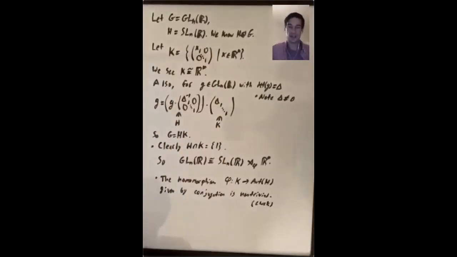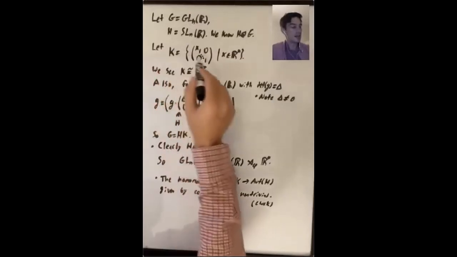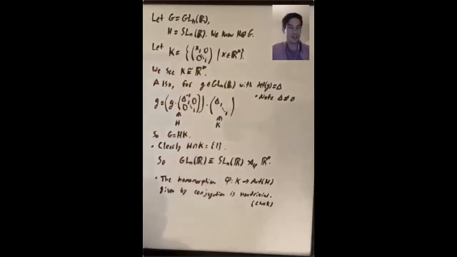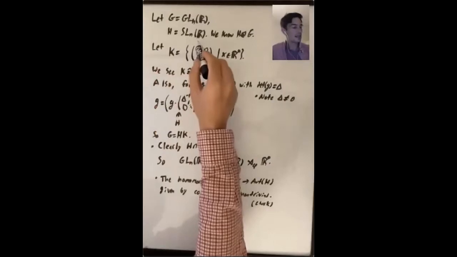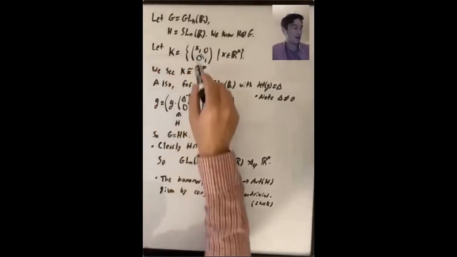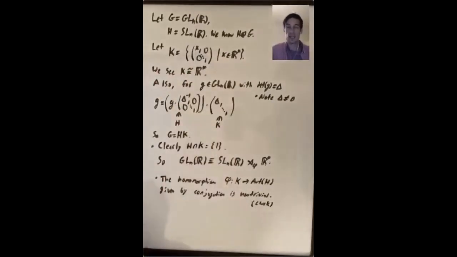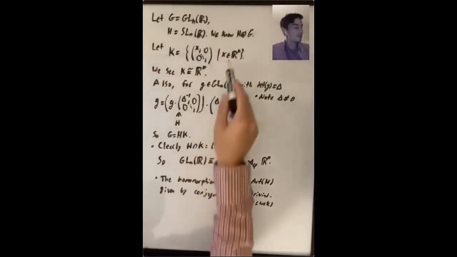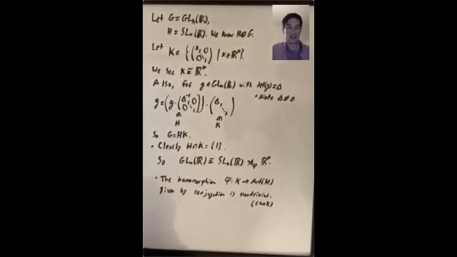We know that H is a normal subgroup of G because it's the kernel of the determinant homomorphism. Let's now define K to be the subgroup of matrices of the form x in the upper left corner, 1s everywhere else along the diagonal, and 0s everywhere else. So diagonal matrices, x in the upper left corner, 1s along the diagonal after that, and 0s everywhere else. And x now can be anything in R star. So just as before, it's easy to see that K is isomorphic to R star.